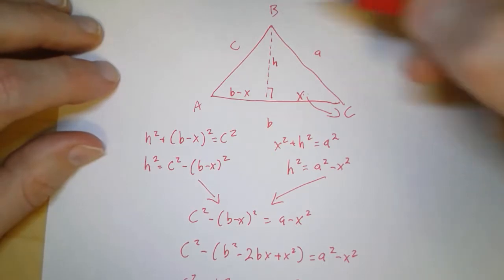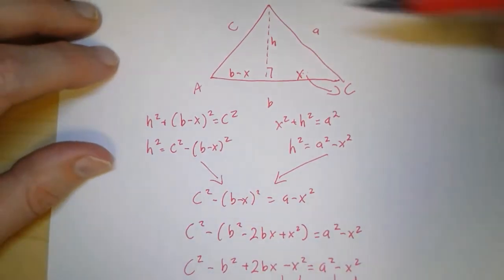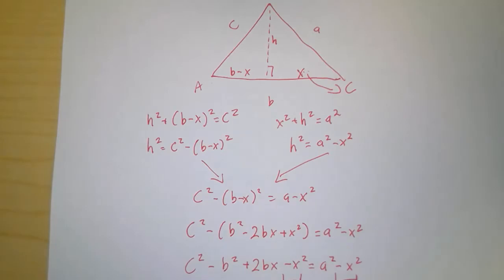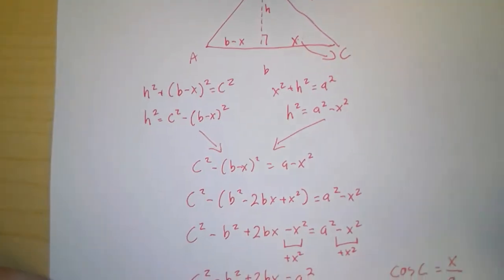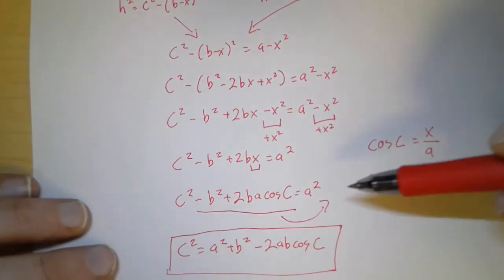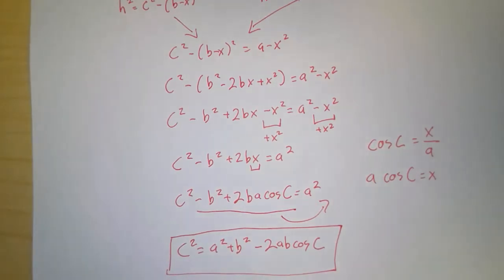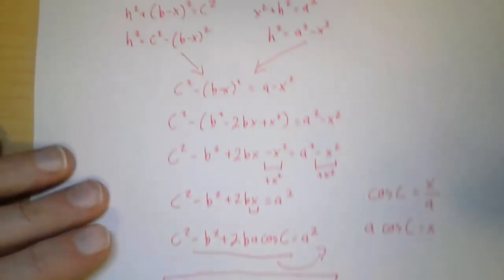Same for B. So if you want to try mixing up the letters to see what you get, go right ahead. But this is the approach that we use to get law of cosines. Again, it is only using right triangles, so that's why it's in the right triangle playlist.